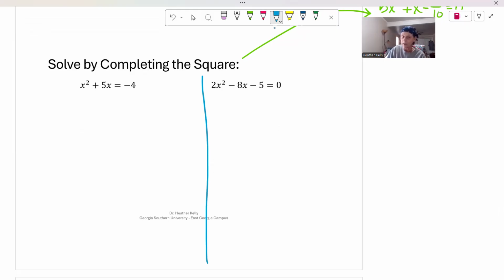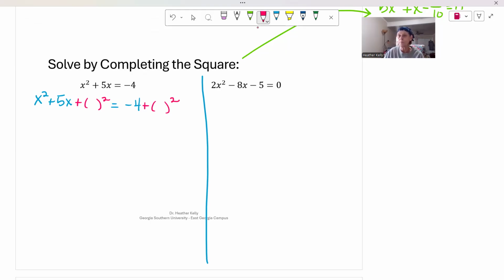And so there is no coefficient in front, and so we're going to just set up the form, and it's going to be x squared plus 5x, and then listen to me because I always say it the same, plus a set of parentheses squared equals -4. And remember, what you do to one side of the equation, you must do the exact same thing to the other side of the equation. So plus a set of parentheses squared.